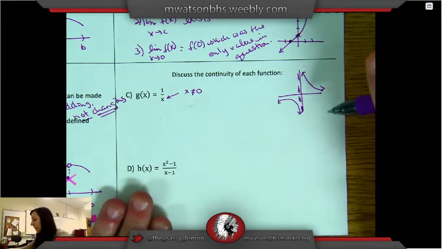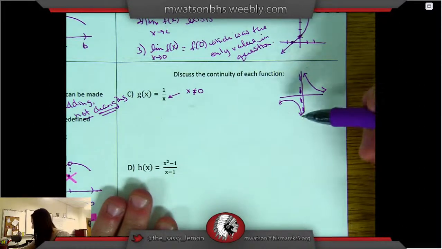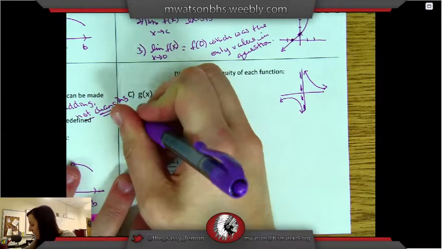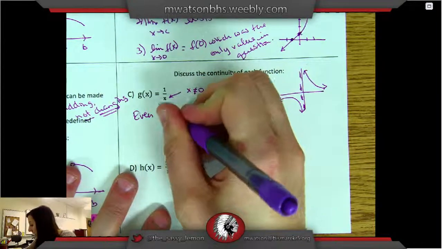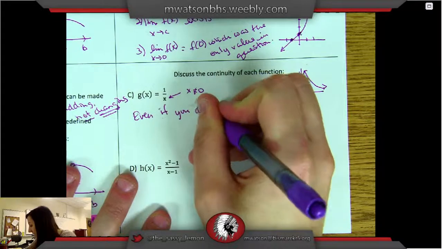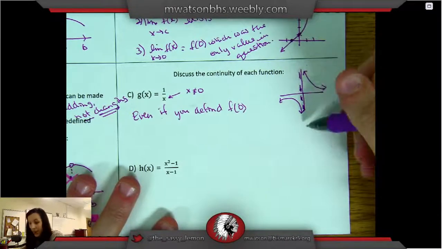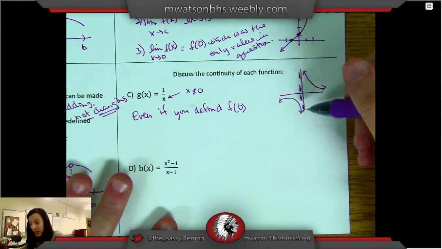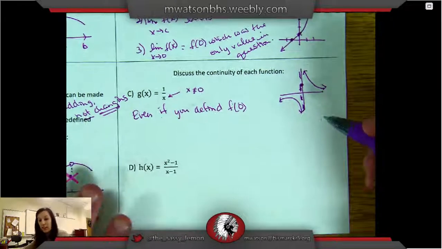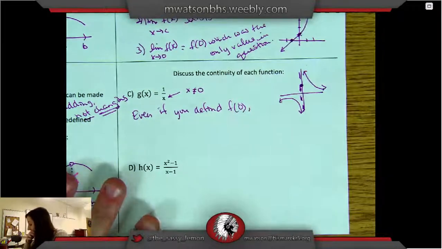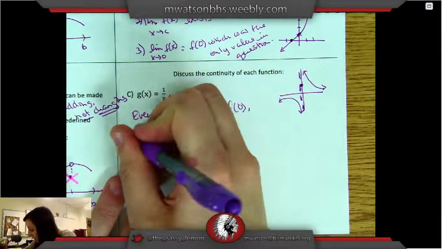Well, according to this book, you can't, because even if you defined f of 0, so you gave it a value at x equals 0, and so you plopped a point like right here, it still wouldn't make a difference because it still fails to have a limit.